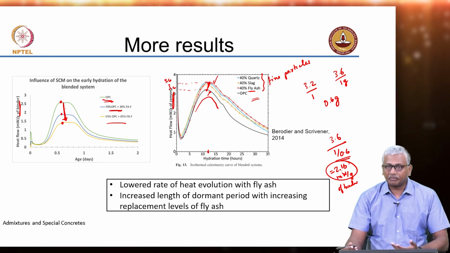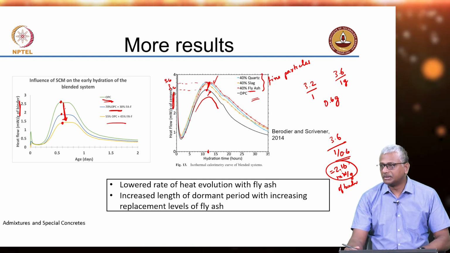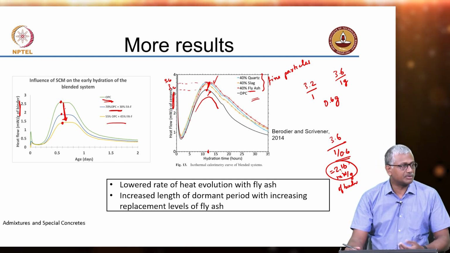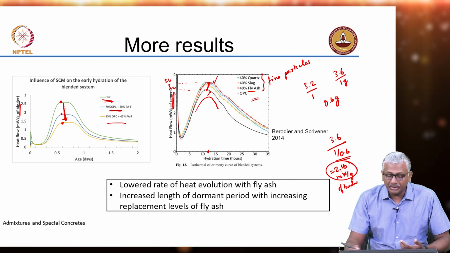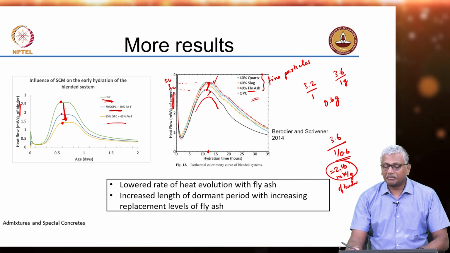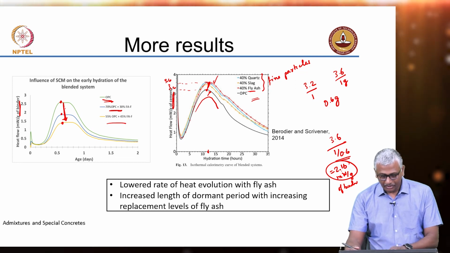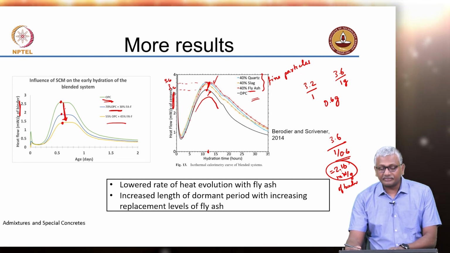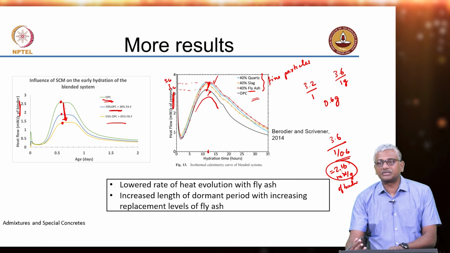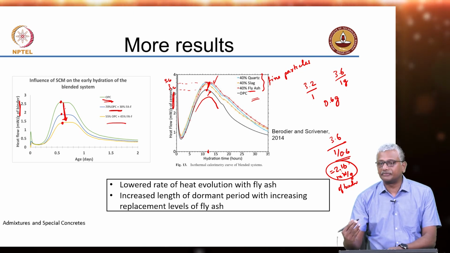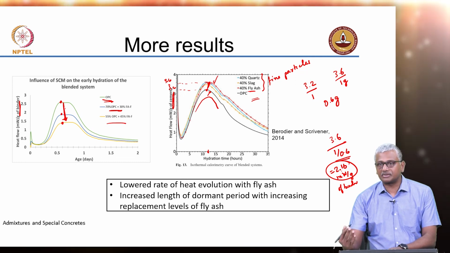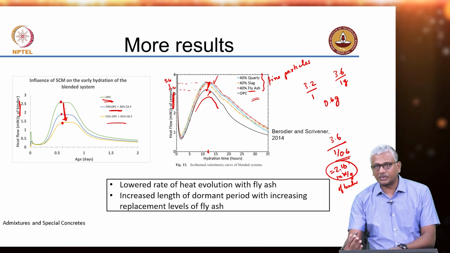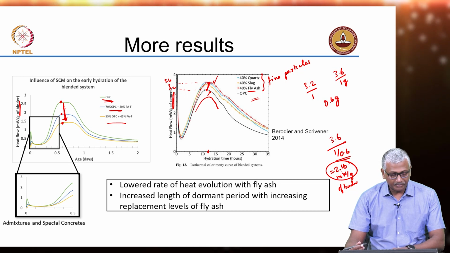So, with 40% replacement of cement, your actual heat rate because of the binder being there is only about 2.16 as compared to nearly 3.2 for the case of plain cement, right. So, nevertheless, there is a clear indication that in the presence of fine mineral additives, the cement hydration, especially C3S hydration, gets accelerated. So, that is one thing that you need to always remember.